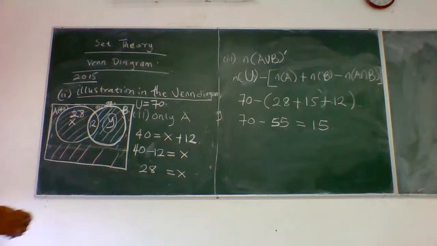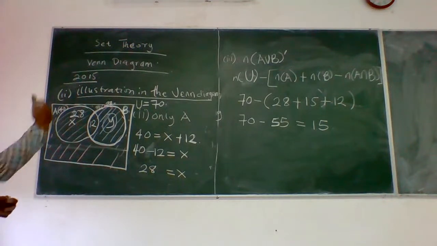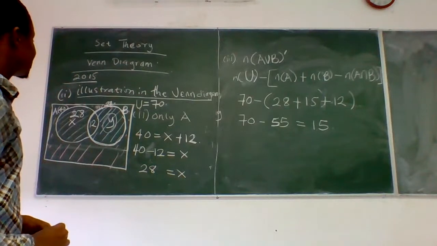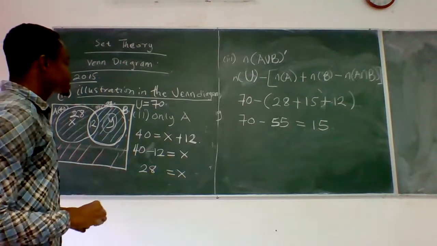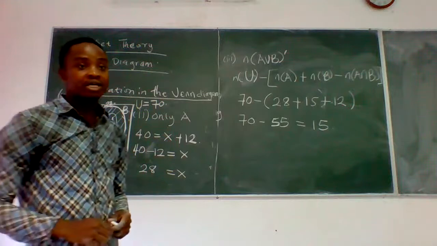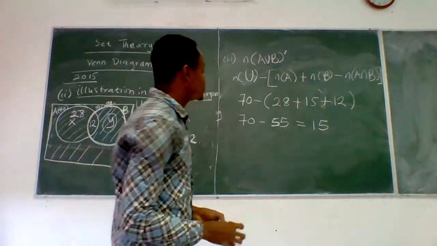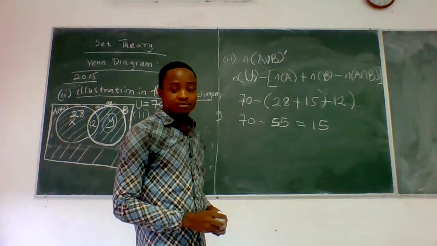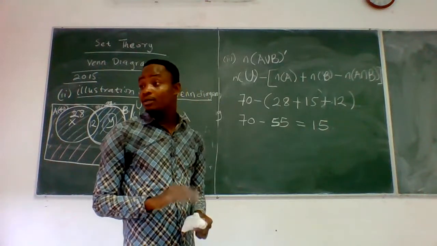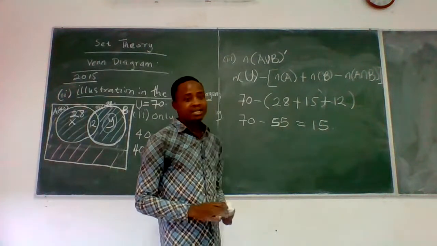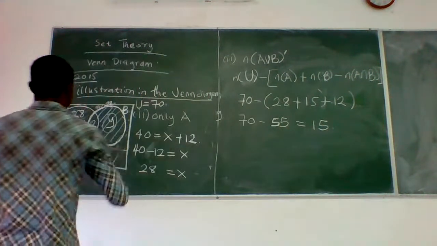So when you have a problem like that, you just go through the procedures and then you come up with your answer. Don't rush. Read through the question, make sure you understand, and then write it using your set notations, and then solve the question. Okay, the last thing that I will teach.